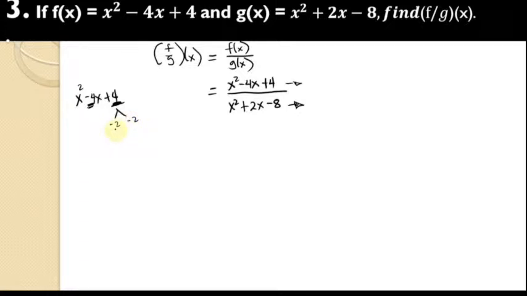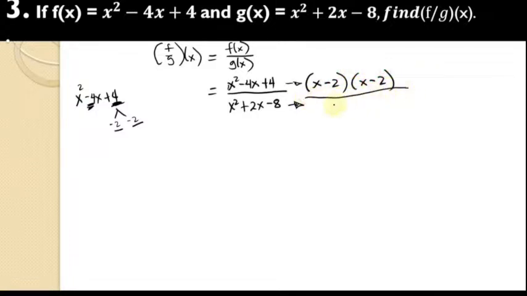Kasi if we multiply negative 2 times negative 2, the result is positive 4. Pag i-add natin ito, negative 2 plus negative 2, that is negative 4. So ang factor nito is, since numerical coefficient nito is 1, so automatically x minus 2 and x minus 2.